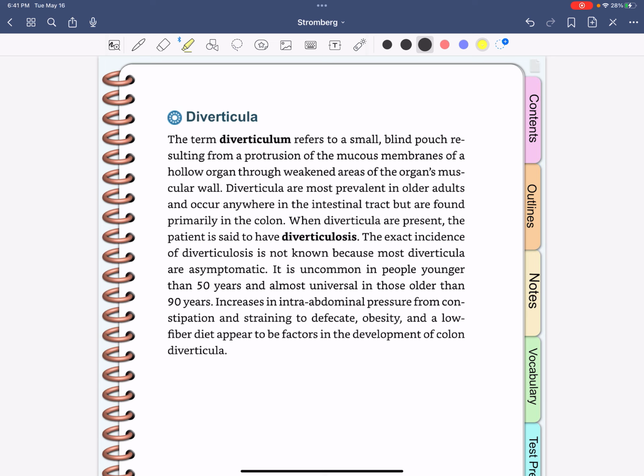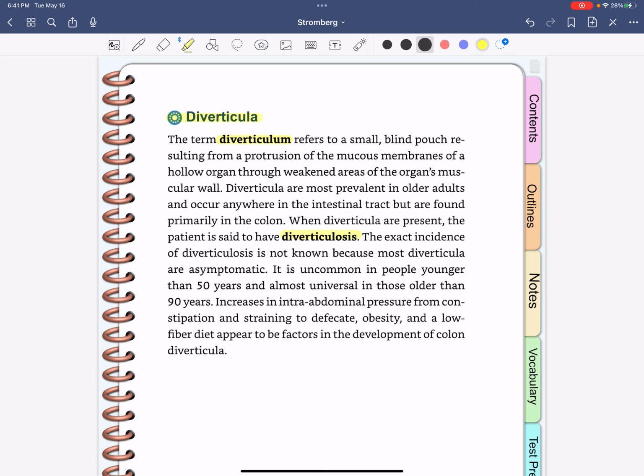If the words look different than the words around them, there's a reason for that. So I see that in three situations. I see the header, which is very important. I see the word diverticulum, and then I see the word diverticulosis. Now, in my past, I am familiar with diverticulitis, but that's not exactly the same thing, I'm guessing.